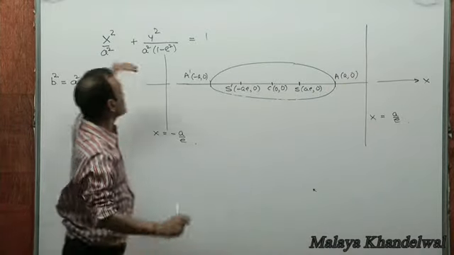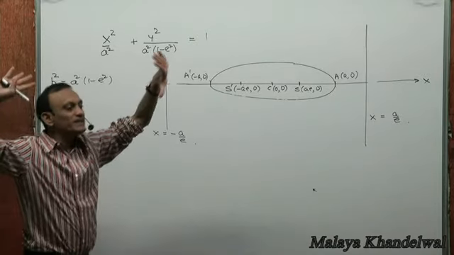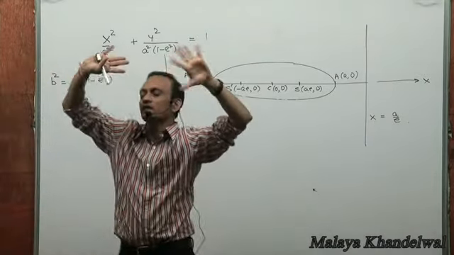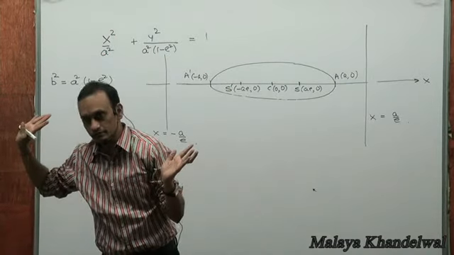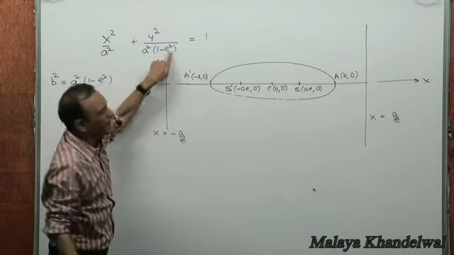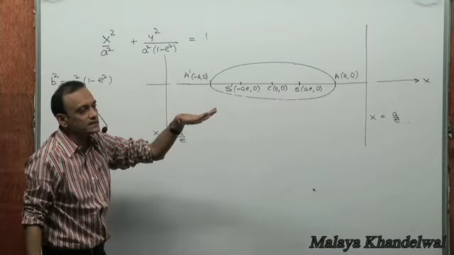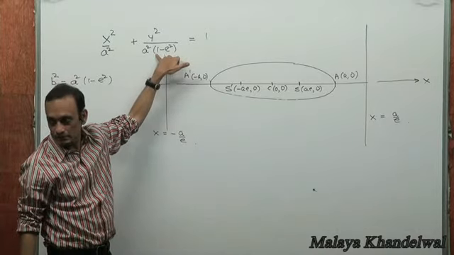When we derived this equation, I just assumed SP is E times PM, and there was nothing about E being greater than 1 or E being less than 1, right? I wrote it as A squared into 1 minus E squared because I thought E was numerically less than 1.